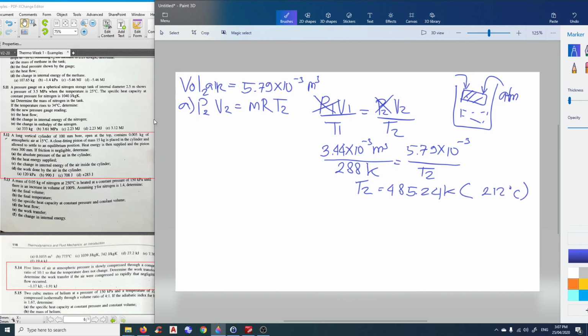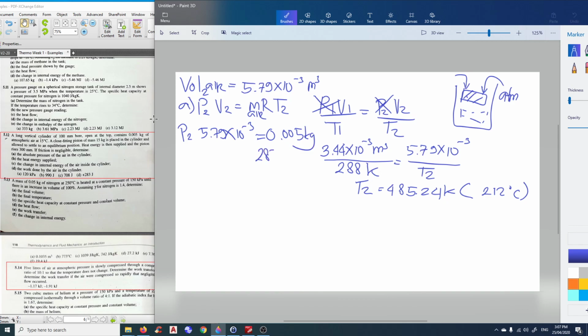Now we can substitute everything into this equation. So P2 we are after, V2 is 5.79 × 10 to the power negative 3 equal to m, the mass of the air. So mass of the air is 0.05 kilogram.